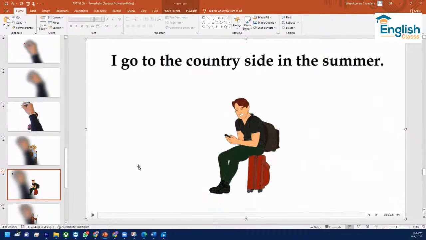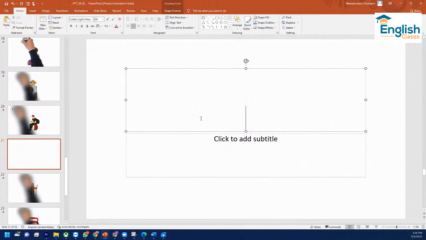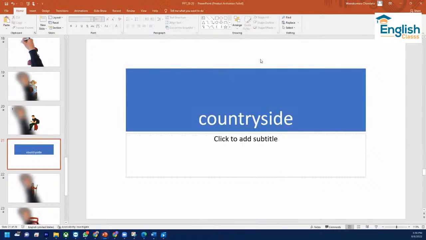I go to the countryside in the summer. Countryside. This is the right way to mention countryside. You have to write countryside this way. What is the meaning of countryside?